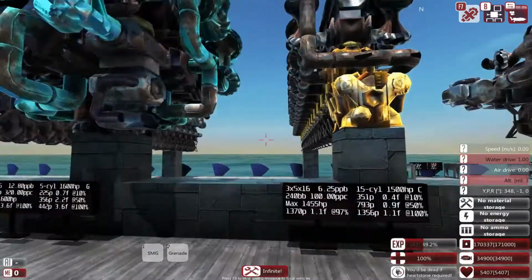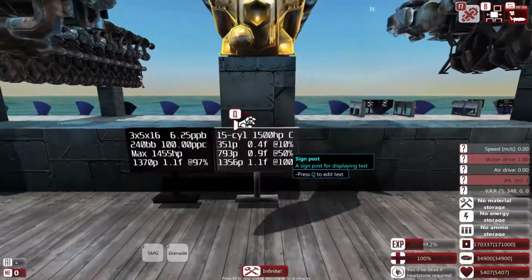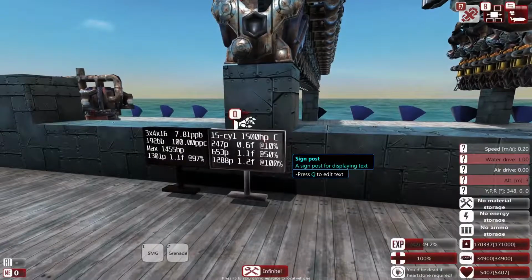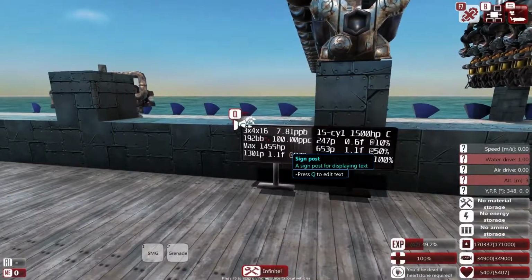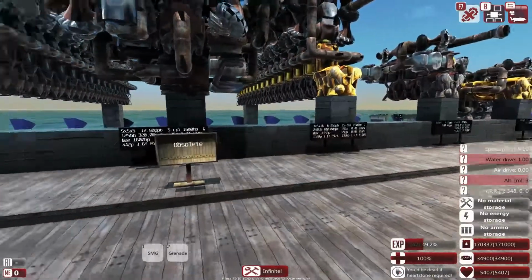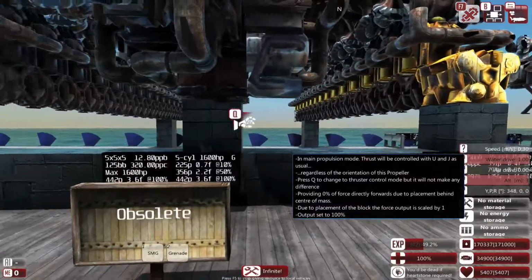This engine makes 1500 horsepower in 240 blocks. This engine makes 1500 horsepower in 192 blocks. So we know this is a denser motor, but how do we know what density it is?